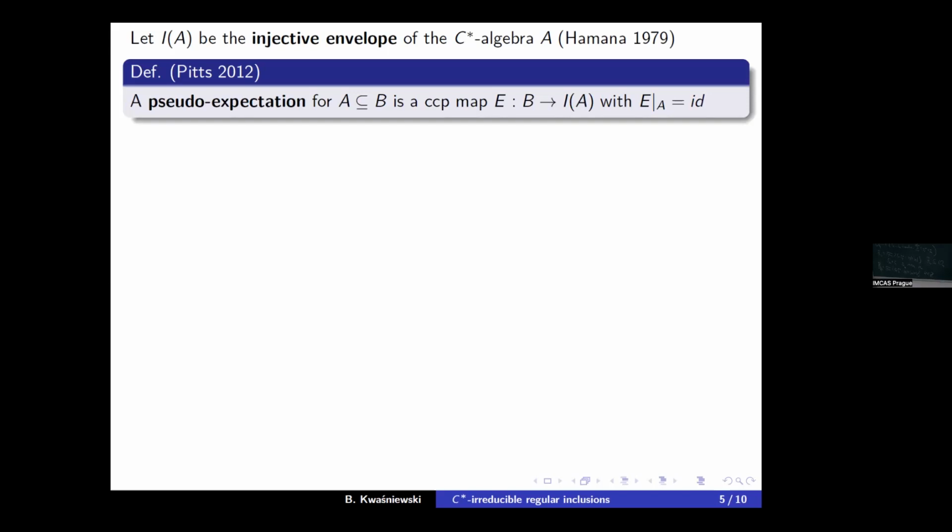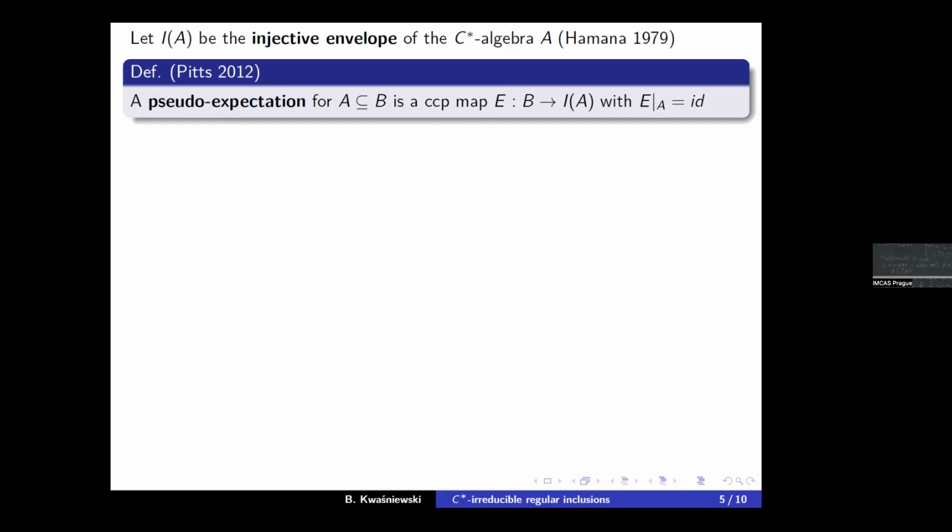So this is something more general than the conditional expectation, because here the range is not in A, the range is only in I(A), and A sits in I(A). So the range might go outside of A. But the benefit is that it always exists by this injectivity, by this universal property.